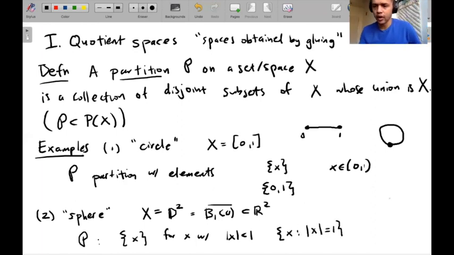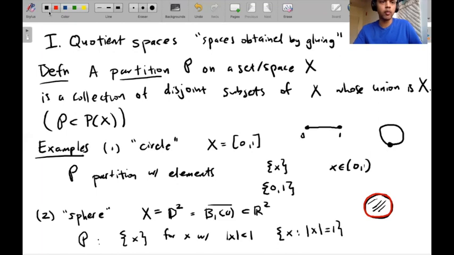So x with the norm of x equal to 1. Okay, so the picture here is we start with a closed disk here. And any two points that are in the same element of the partition, we're gluing them together. So these points on the boundary are all getting glued to the same point.